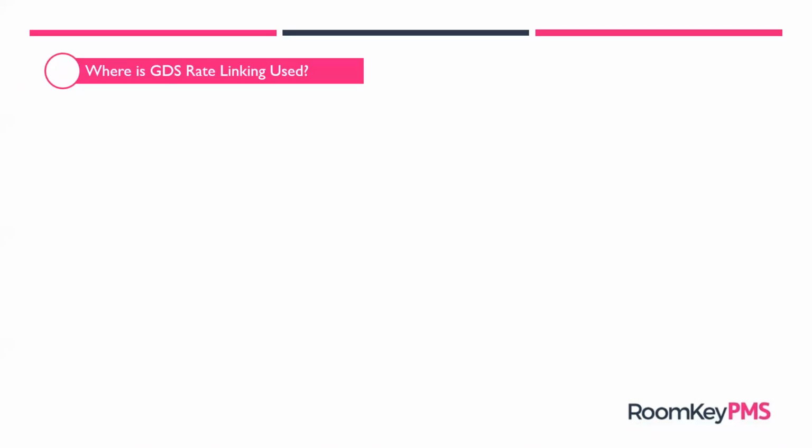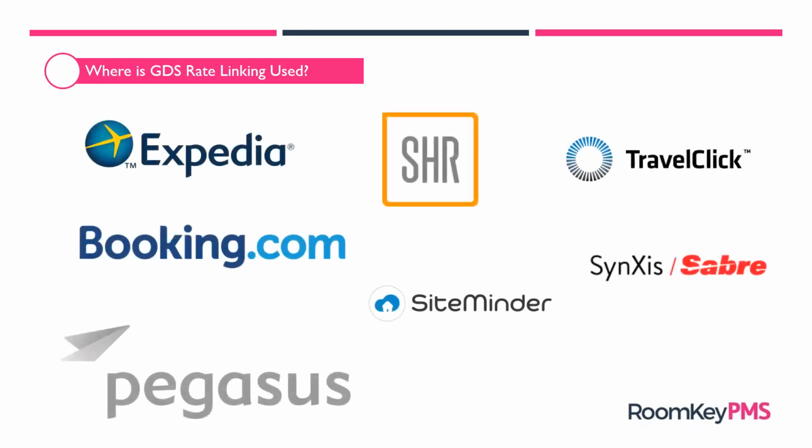So the next question we'll be looking at is, where is GDS rate linking used? It is used inside RoomKey. So for any properties that currently have partnerships with any GDS interface connected to RoomKey, that might include any of these partners shown on screen. So that could be a direct connect with Expedia or Booking.com.